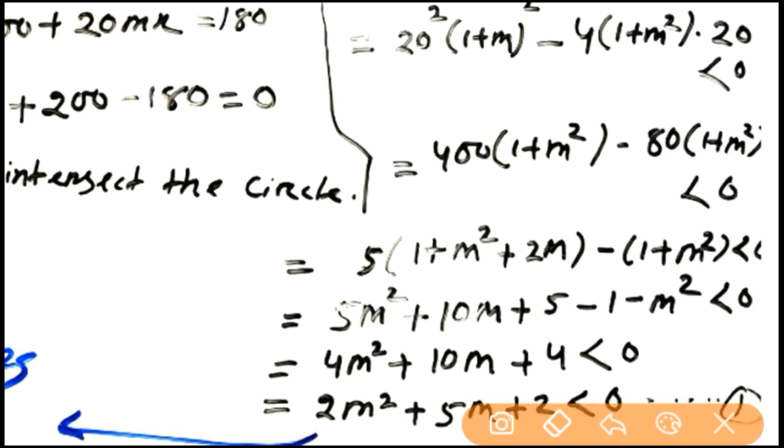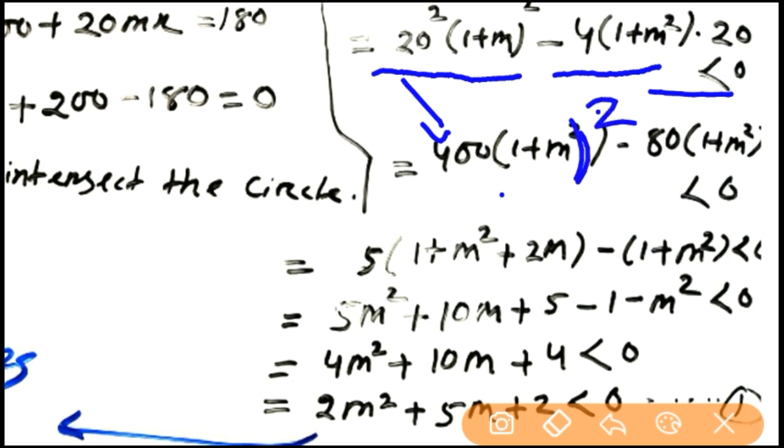So we have 20² into (1 + m)² minus 4 into (1 + m²) into 20, less than 0. So 20² is 400 into (1 + m)² minus 80 into (1 + m²). Now (1 + m)² is 1 + m² + 2m.